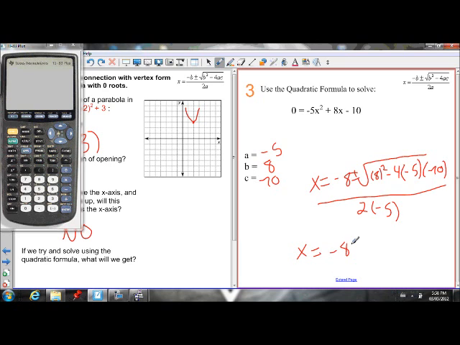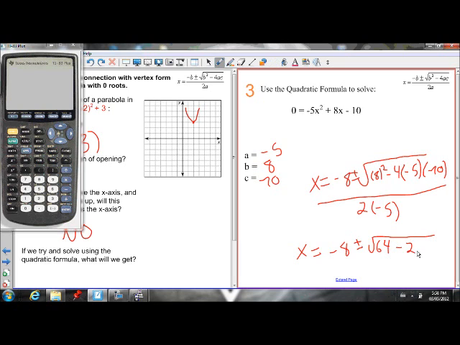So x equals -8 plus or minus the square root of 8 squared, which is 64, minus 4 times... order of multiplication doesn't matter, so I'm going to do the 5 times 10 first. -5 times -10 is 50, because a negative times a negative is positive. 50 times 4 is 200.